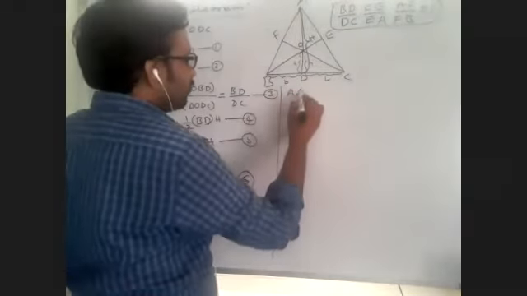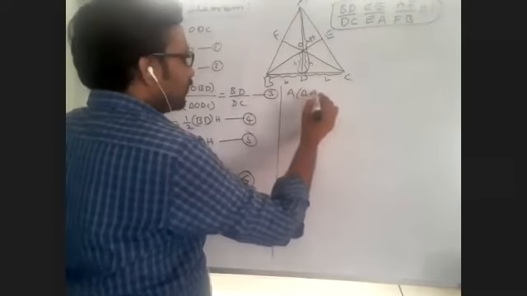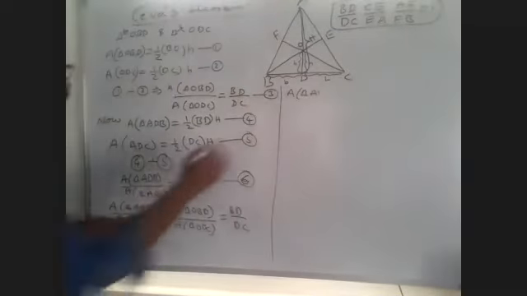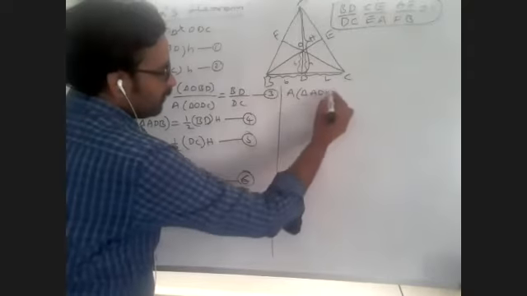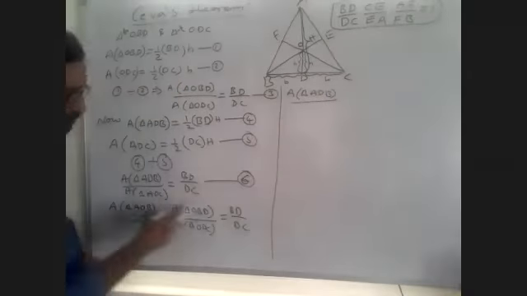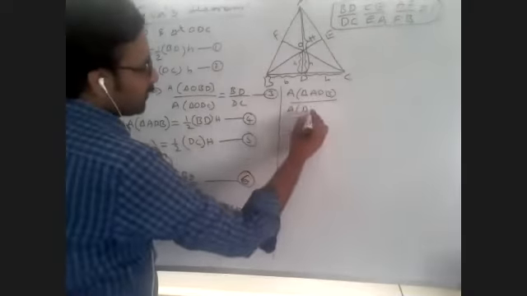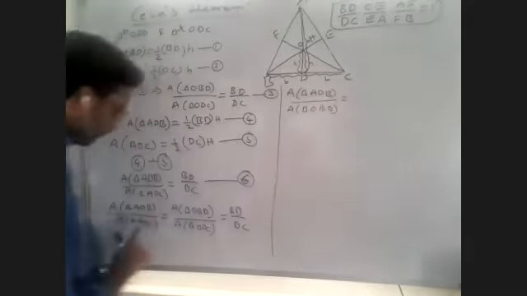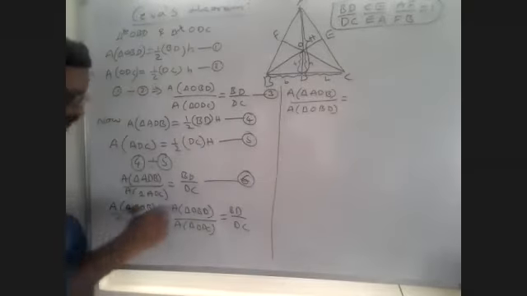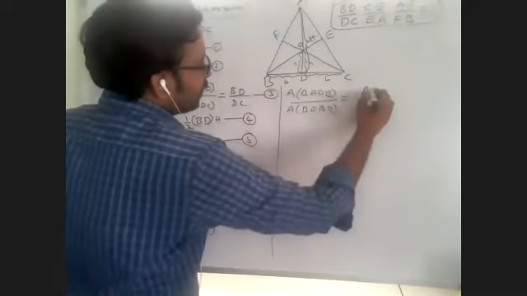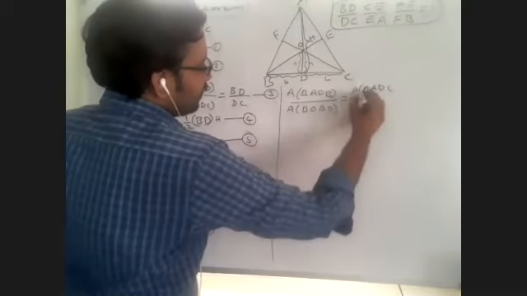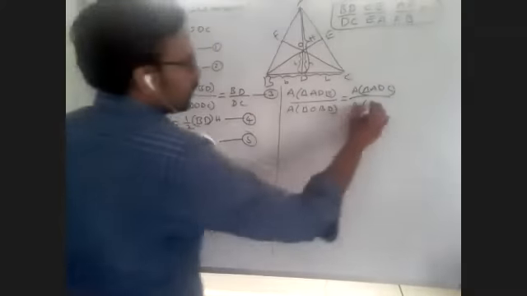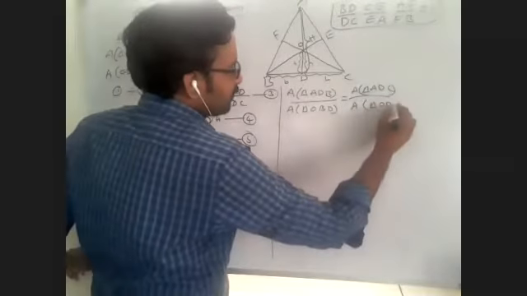Area of triangle ADB by area of triangle OBD is equal to, I am writing this by this, that is triangle ADC area by area of triangle ODC.